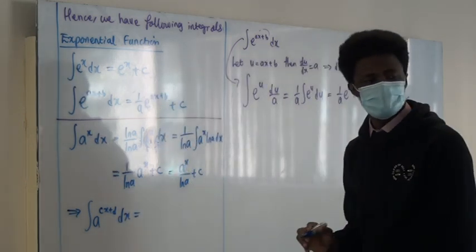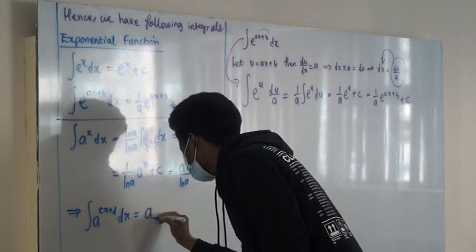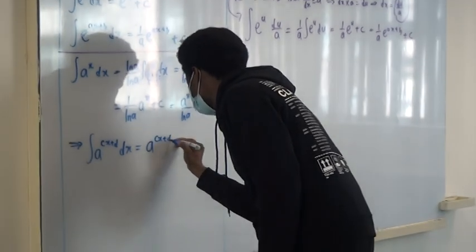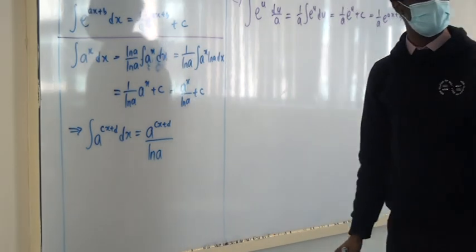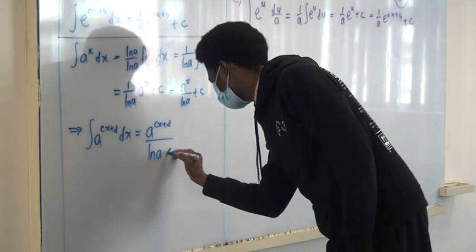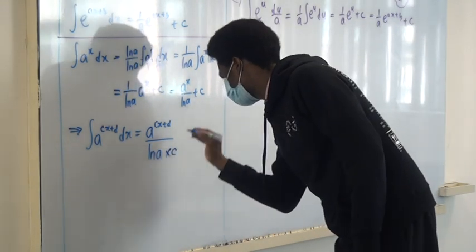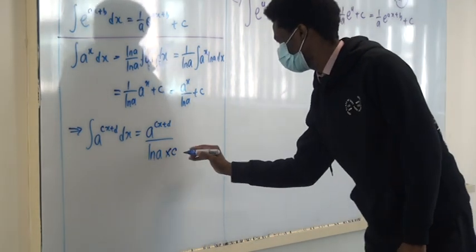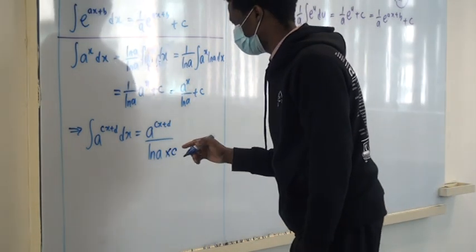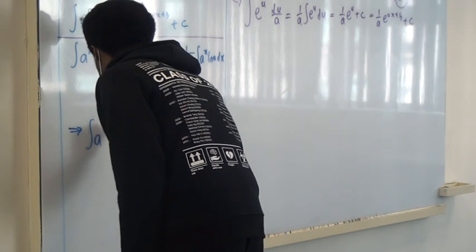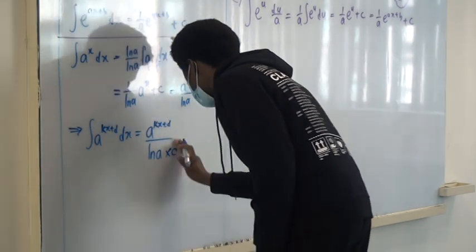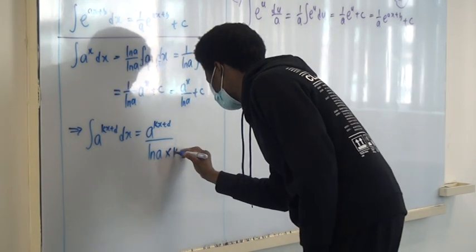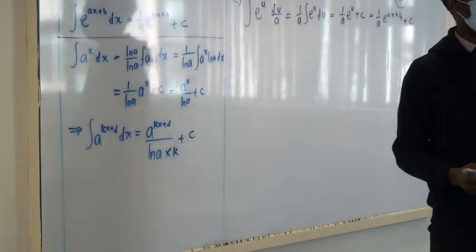Are you with me? While this is going to be the original function, cx plus d, you are supposed to divide by the natural log, right? Then you have to also multiply by 1 over c. Then, oh, okay, I already have a c here, so how about we say kx plus d? Am I making sense? Then we have to multiply by 1 over k, where before we had c.